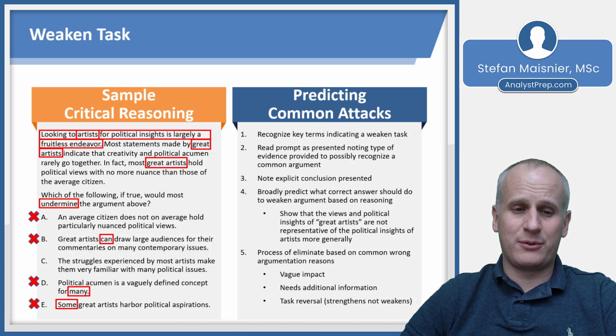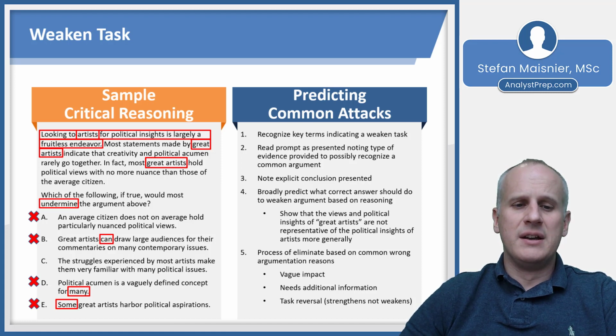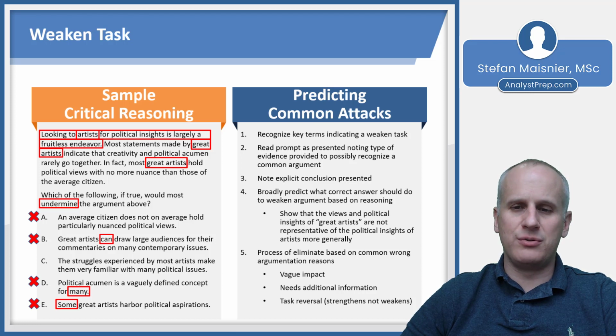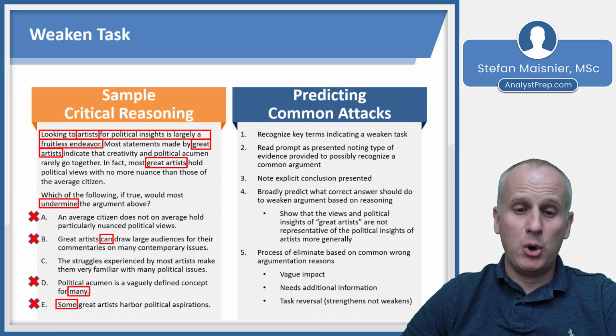But it does say that great artists have non-nuanced views because the average citizen they are being compared to in the argument does not have nuanced political views. But if we look at choice C, the struggles experienced by most artists make them very familiar with many political issues. Even though many is kind of vague, it says the struggles experienced by most artists make them familiar with many political issues.